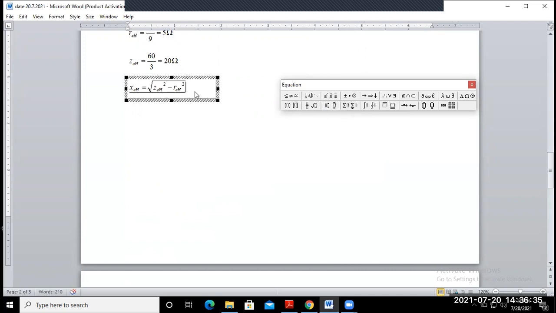Now put in the values of ZEH and REH: square root of 20 square, that means 400, minus 5 square, that means 25. If you solve this, you will get XEH equal to 19.35.